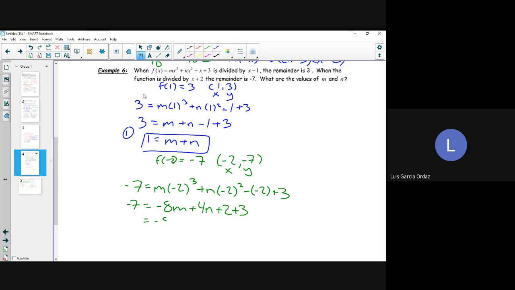Negative 12. Can we divide both sides by a number to simplify it? 4. So we're going to divide by 4. And that gives us negative 3 is equal to negative 2m plus n.